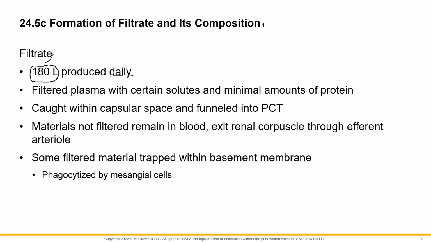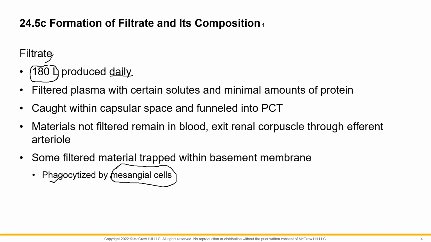Now, some material that's trapped, like bacteria or dead cells that end up getting trapped in the pedicels or the fenestration slits, is taken care of by the macrophages present here, called the mesangial cells. So the mesangial cells are macrophages that phagocytose stuff that gets caught.